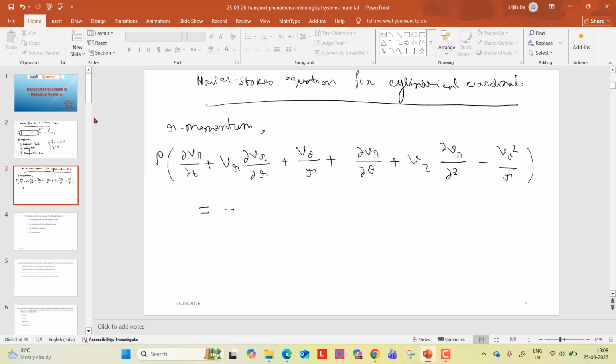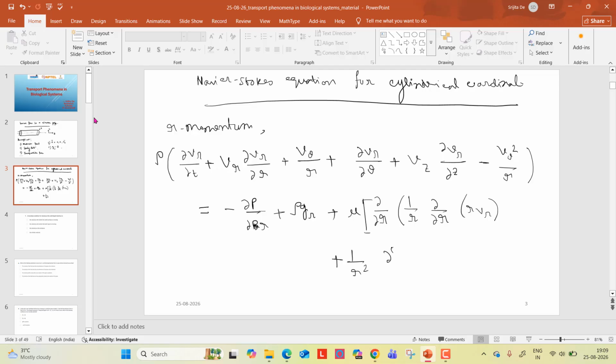It is equal to the pressure term minus del P del r, plus the gravity term, plus mu into del del r of 1 by r del del r of r Vr, plus 1 by r square del square Vr del theta square, minus 2 by r square del V theta del theta, plus del 2 Vr del z2.